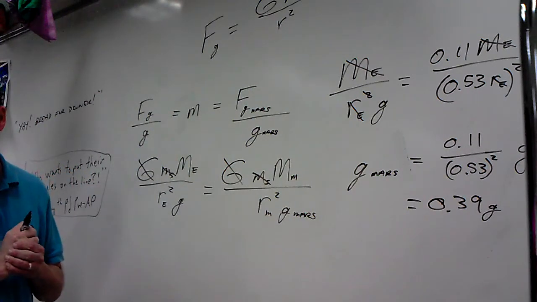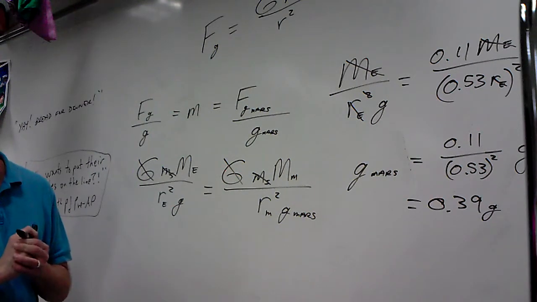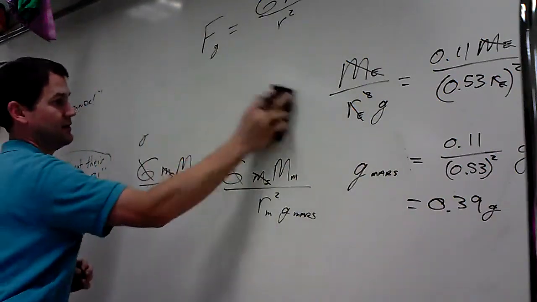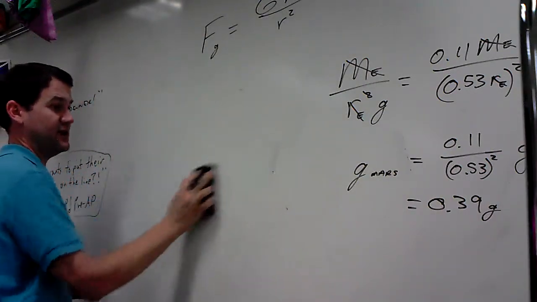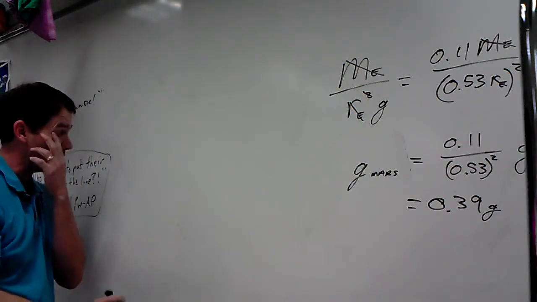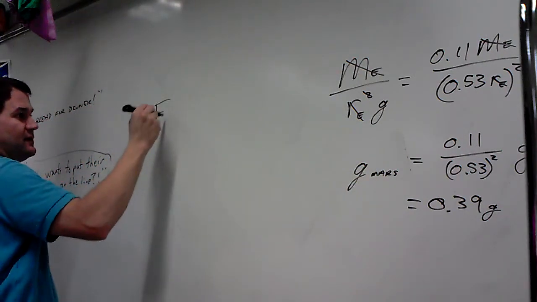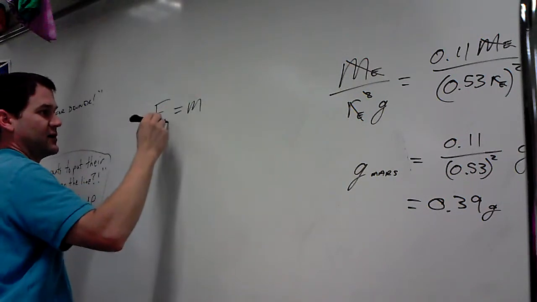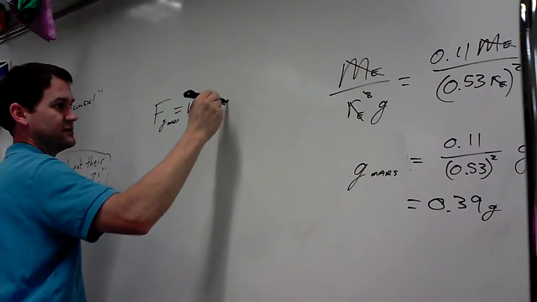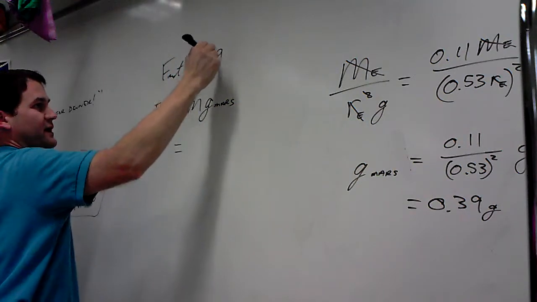So now, calculate the Sojourner's weight. Well, what is its weight? On Mars, it's mg, right? It's the force due to gravity on Mars, which is ma, using that acceleration. That's just F net equals ma.